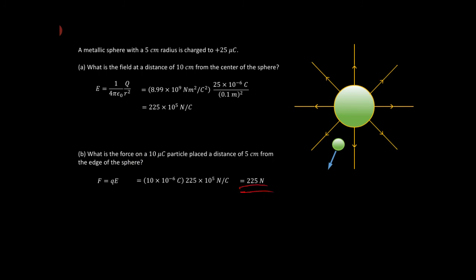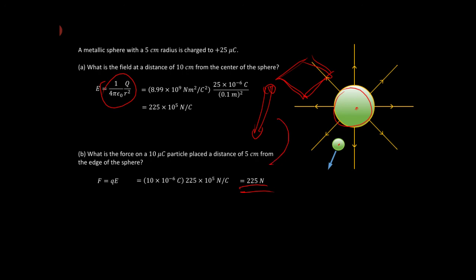All right, so that was basically how to calculate the electric force between two objects. One is you calculate the field. In this case we had a sphere, so we used this. But I also gave you formulas for lines, for cylinders, and for plates. So you have to use the right formula for one of these different charge distributions, one of these different looking charged objects in one of these problems.